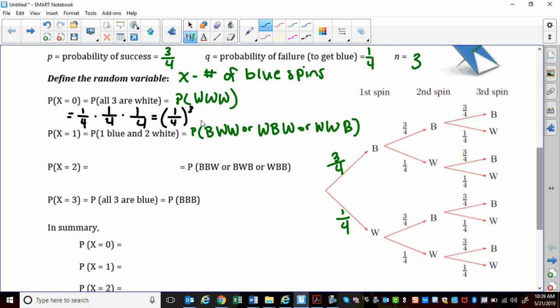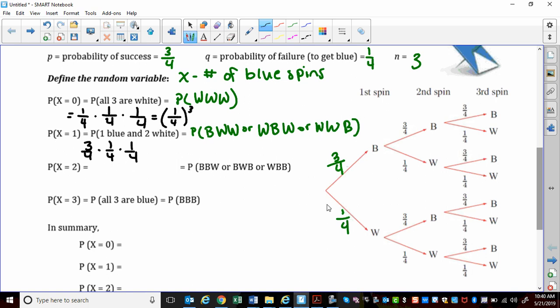Multiplying it 3 times. The probability of getting 1 blue and 2 white can happen 3 different ways. We can get a blue, and then a white, and then a white. So that would be 3 over 4 times 1 over 4 times 1 over 4. But we could have gotten a white first, and then a blue, and then a white. So that would have been 1/4, 3/4, 1/4, which is the same thing.